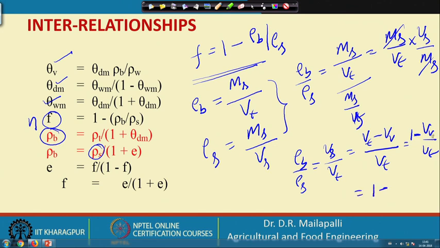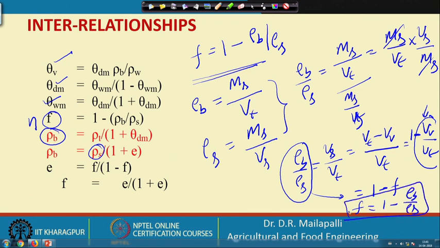V v by V t, the volume of voids divided by total volume, we call the porosity, F. So rho b by rho s is equal to 1 minus F, or F is equal to 1 minus rho b by rho s. This way you can get all the relationships.